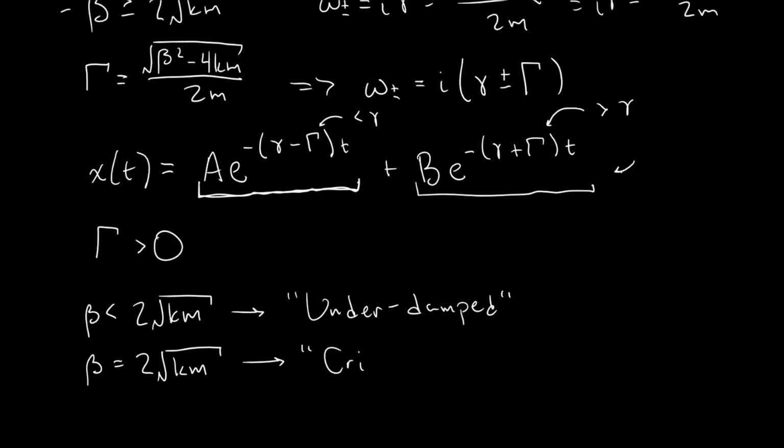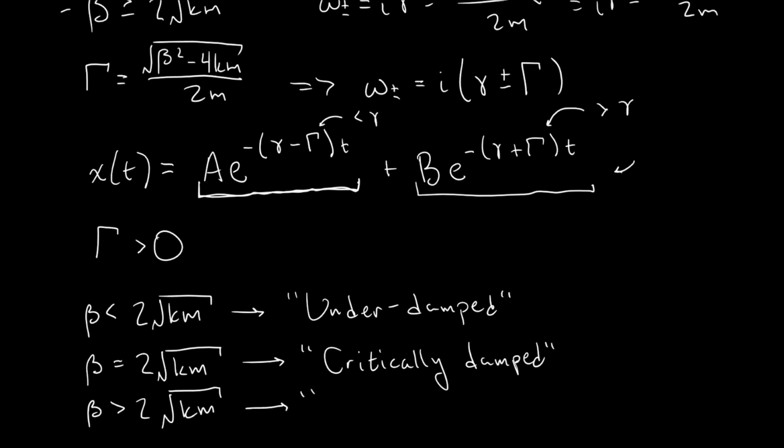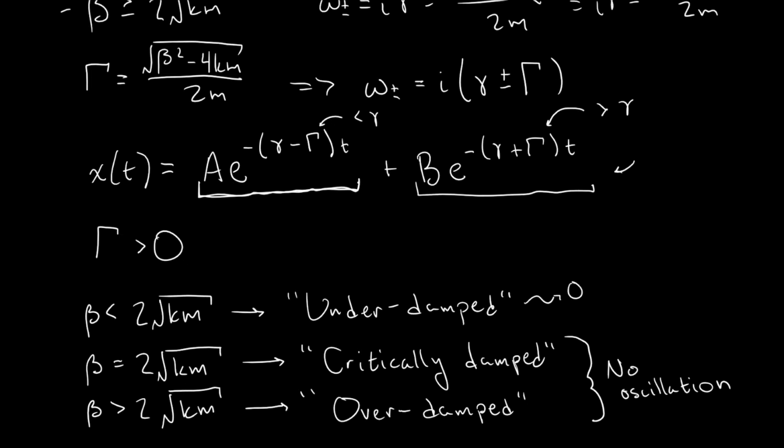This is critically damped. And then beta greater than that. I'm sure you can guess what we call this. This is the case where it's overdamped. In both of these cases, you get no oscillation, whereas in the underdamped case, you do get oscillation.